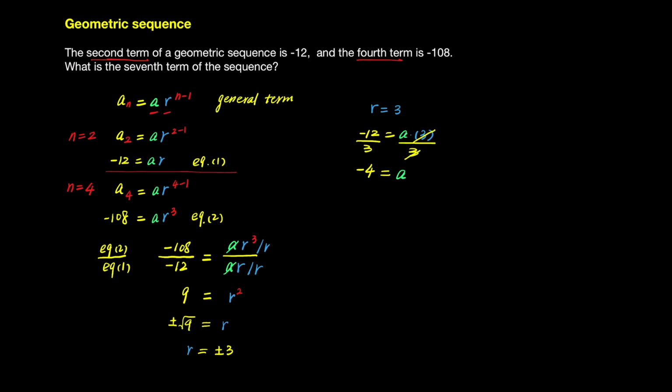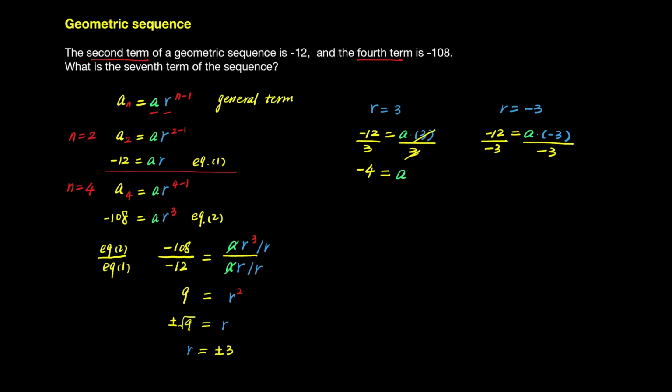Similarly, when r equals negative 3, we have negative 12 equals a times negative 3. Then we divide both sides by negative 3.